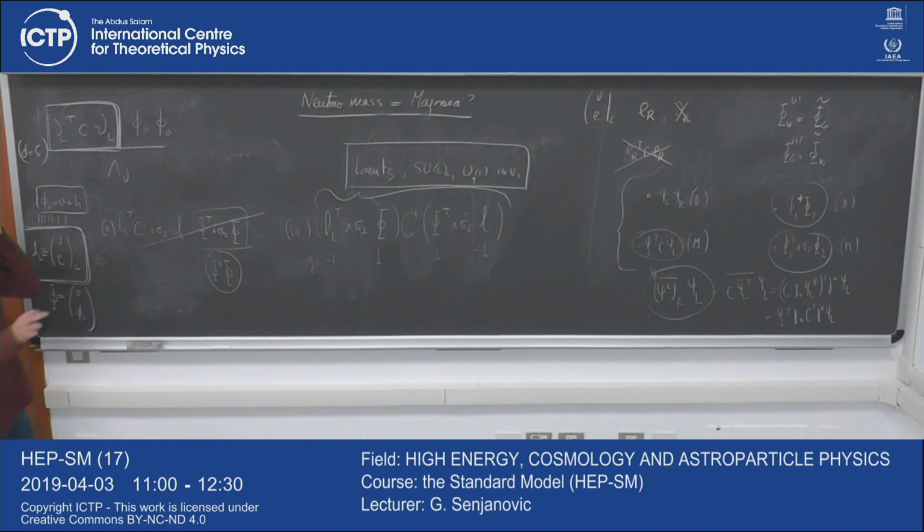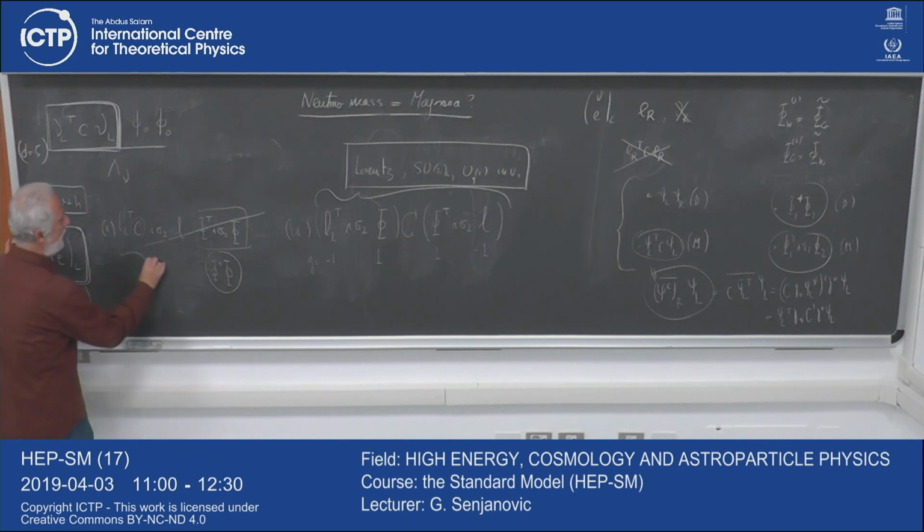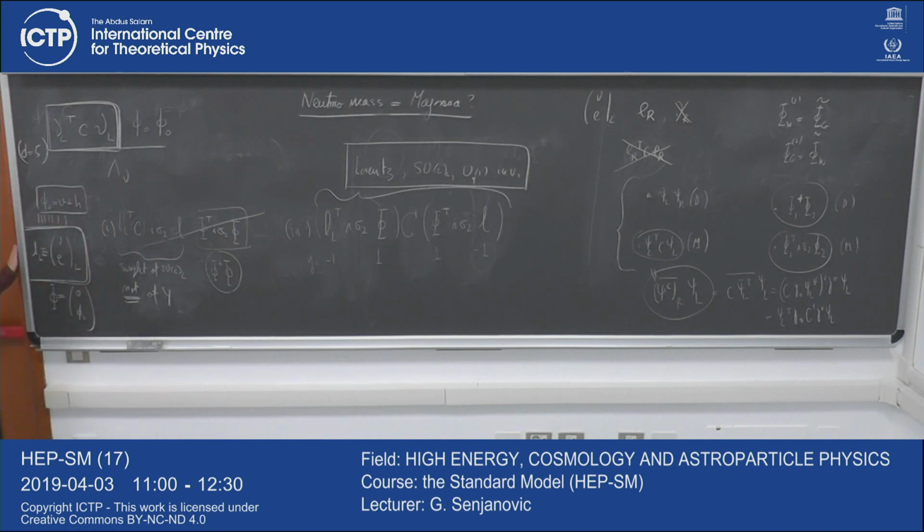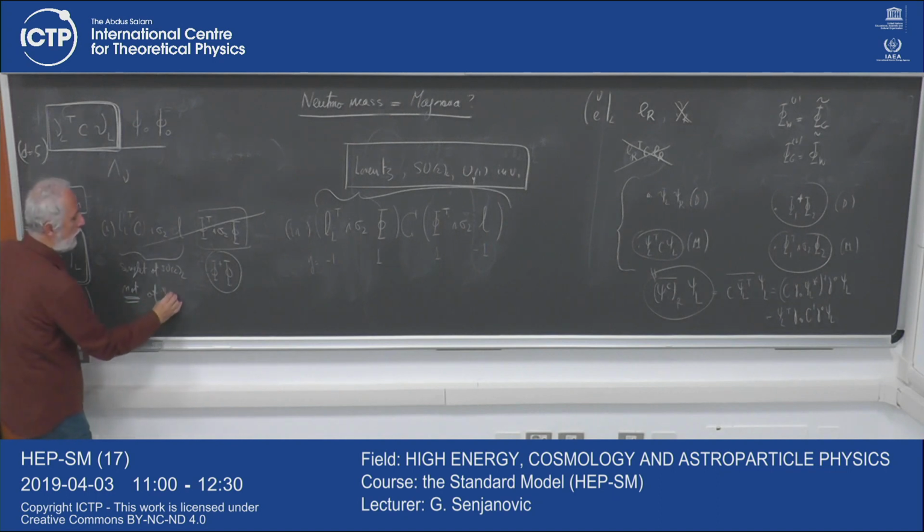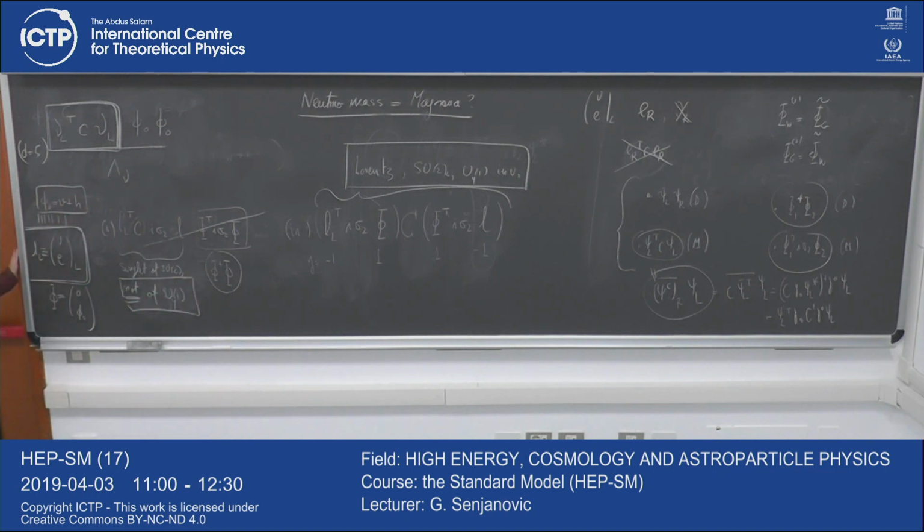What am I saying? This is without sigma. No, this is. Take it back. That's why Kevin's question was good. It's a singlet under SU2. So let's summarize here. Just a singlet of SU2_L, but not of hypercharge. Or better to say, not of U1 hypercharge.